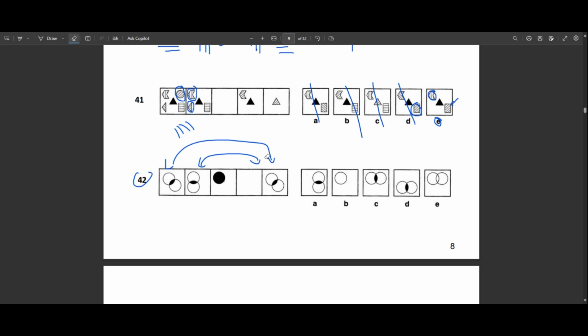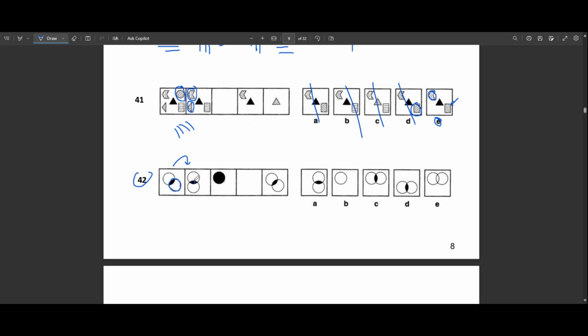But let's have a look, just to double check. So the circle here, it moves to the left because you can see it's in the bottom left corner now. So actually this shape right here is staying in the same position. So this bottom circle is the only one that's moving.